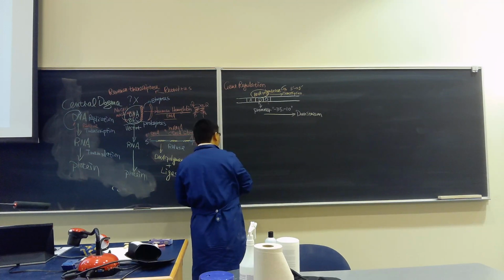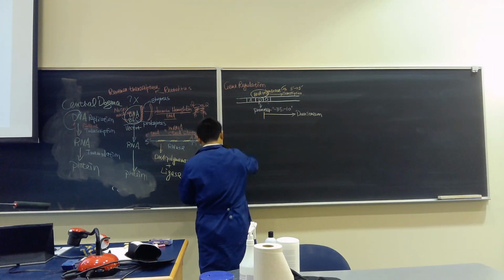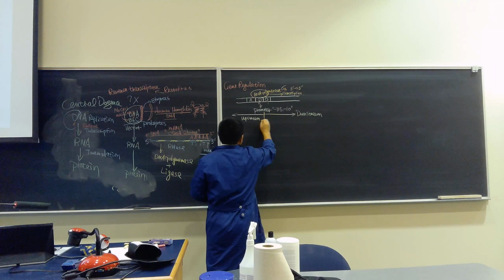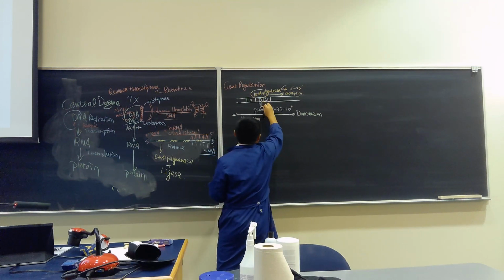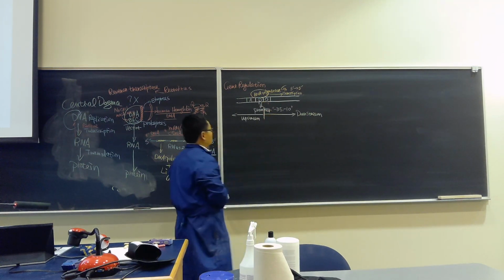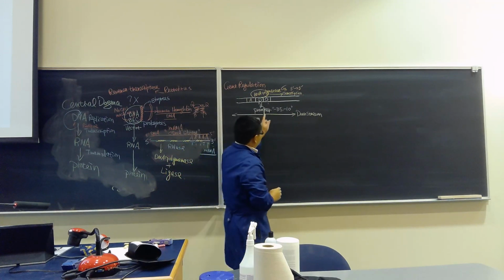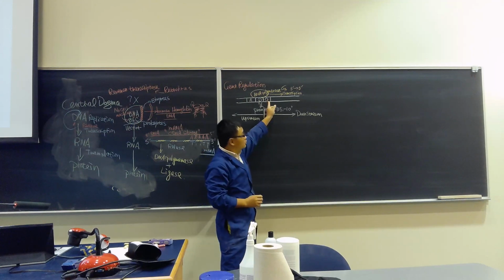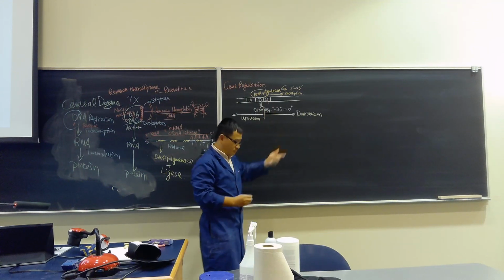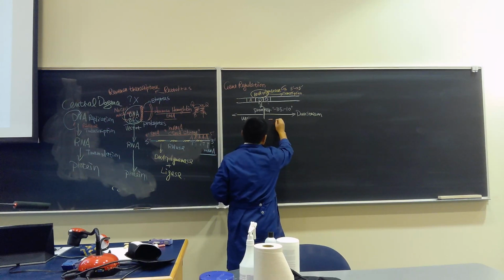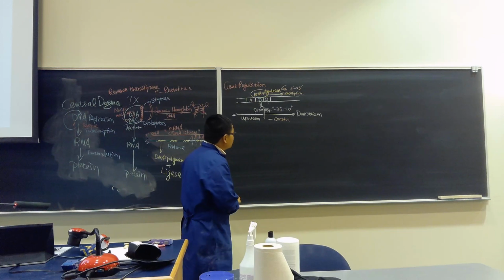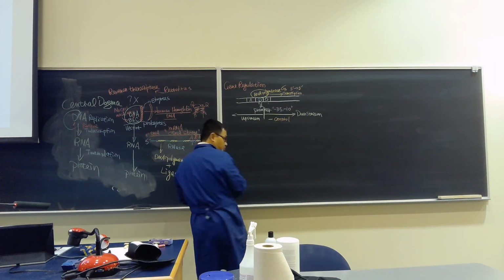On the left side, facing you, this is upstream. Let's use the promoter as the center. Anything that happens on the right side of the promoter, which is attaching to or leaving this O, which is downstream, we call negative control. Anything that happens on the left side is positive control.